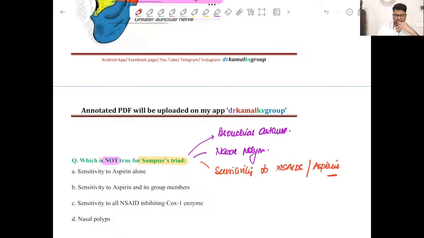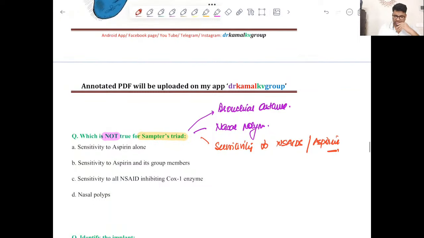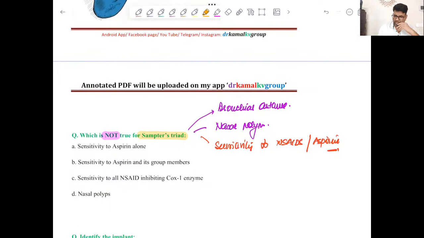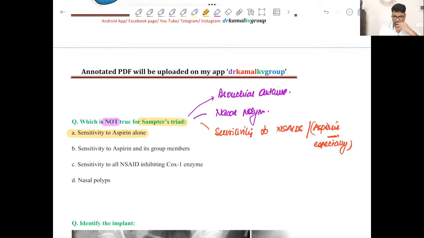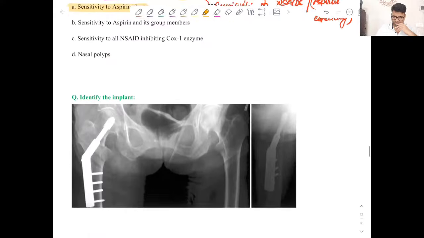These are the components, and the thing here is that it is actually sensitivity to a group rather than to a drug alone. So if someone says that it is sensitivity to aspirin alone, that is a false statement. It is to its group members, or even to any NSAID which is inhibiting the cyclooxygenase 1 enzyme. So the answer is this.